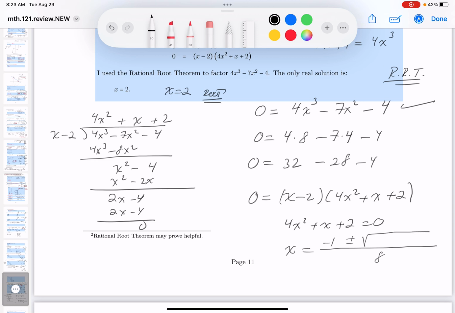And what do you get? The b squared would be 1, and then minus 4 times 4, let's say 4ac, right? So 4 times 4 is 16, 32. What do I know about these? These are complex. So we've only found one real solution, and that real solution is x equals 2. It's the only real solution I found. These over here are complex, so we don't use those.